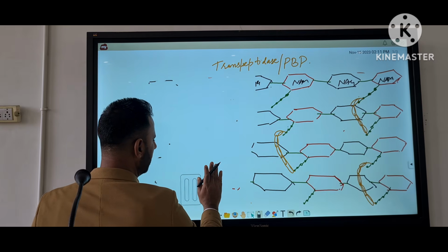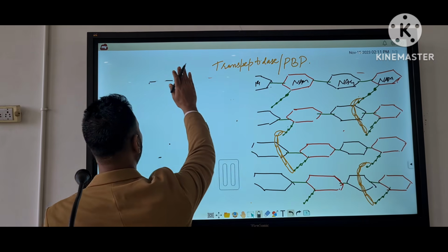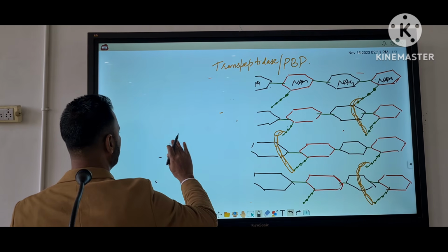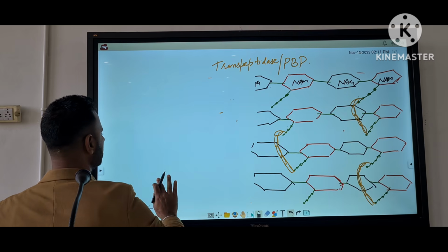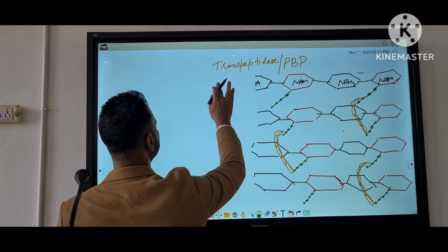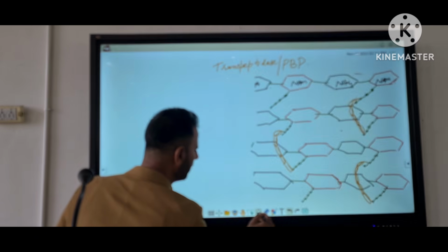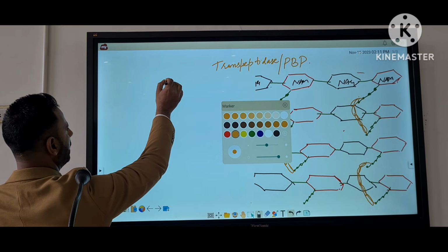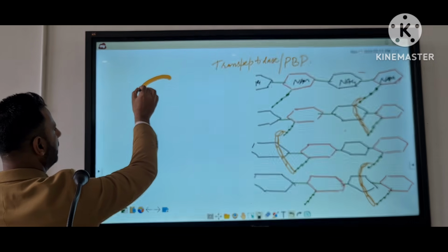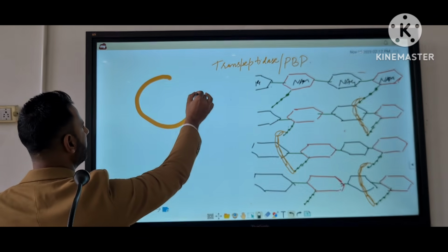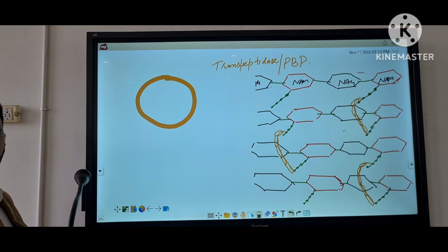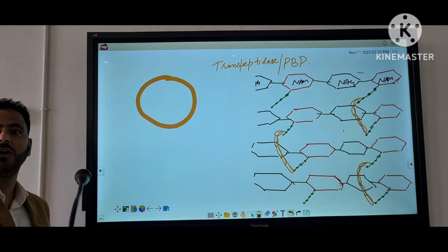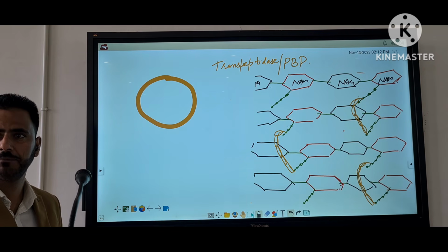So tell me about the envelope of gram positive bacteria. What do you know? Suppose we have a gram positive bacteria here. I will make this envelope. You will find the cell wall of gram-positive bacteria has a thicker layer of peptidoglycan.